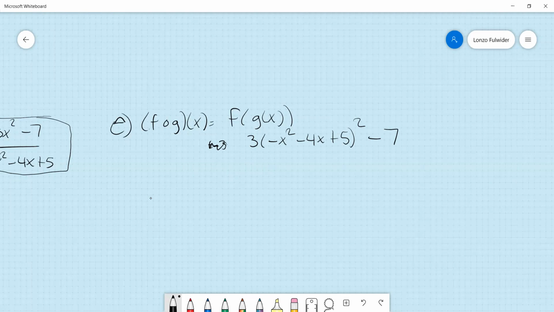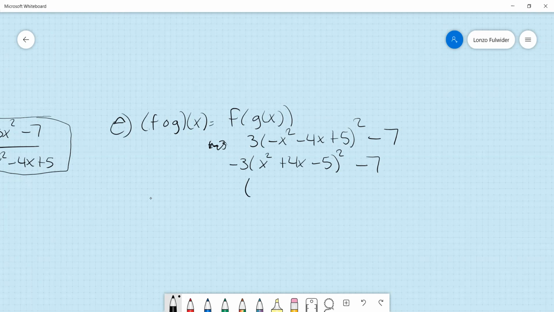Before I FOIL this out, I want to make it simpler. What I can do is factor out a negative from here. So when you factor out a negative, this is going to be negative 3 times x squared plus 4x minus 5 squared, minus 7. That would make it much easier when you FOIL it out. So now you can FOIL this out.